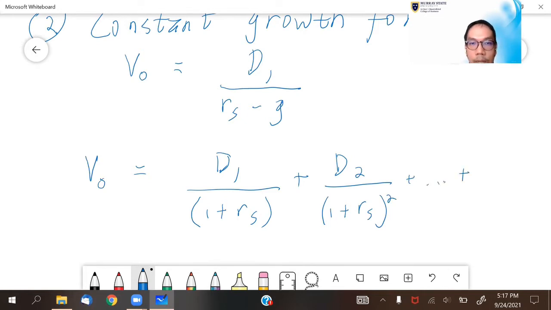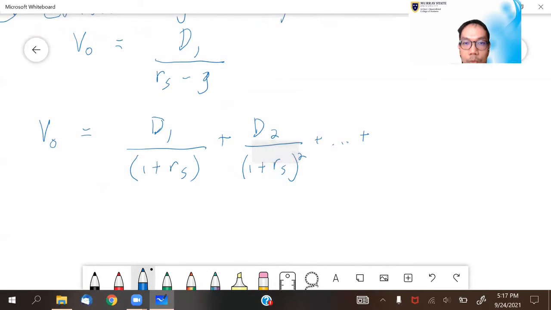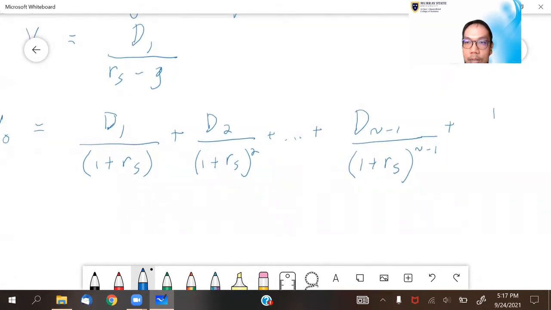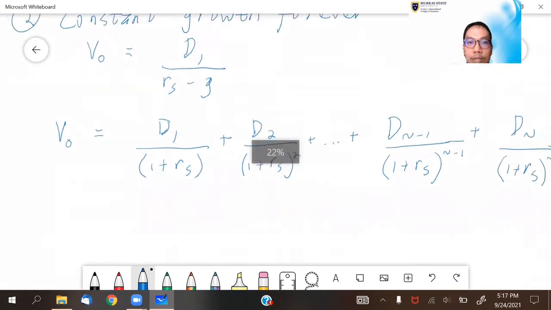Then the second last one would be dividend at infinity minus 1 divided by 1 plus the required return by stockholders to the power of infinity minus 1. And the last one would be dividend at time infinity divided by 1 plus the required return by stockholders to the power of infinity. Right, this is the basic formula.